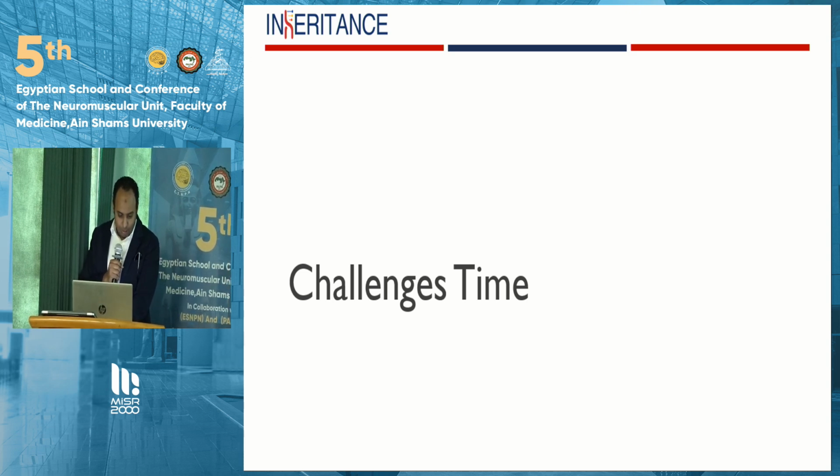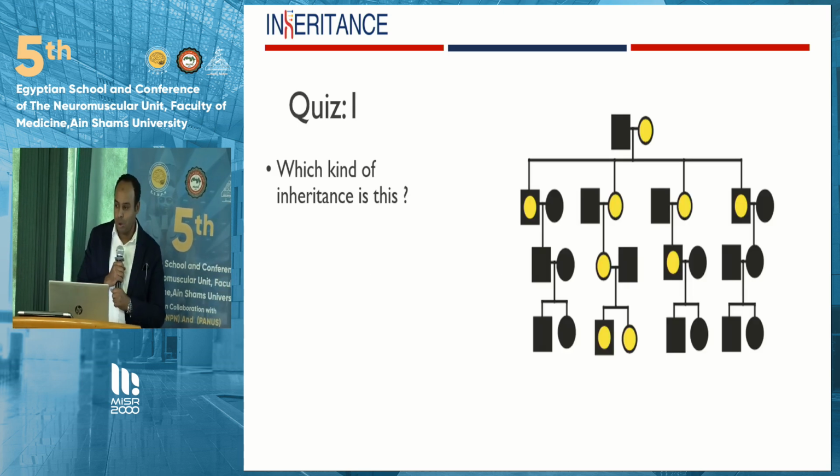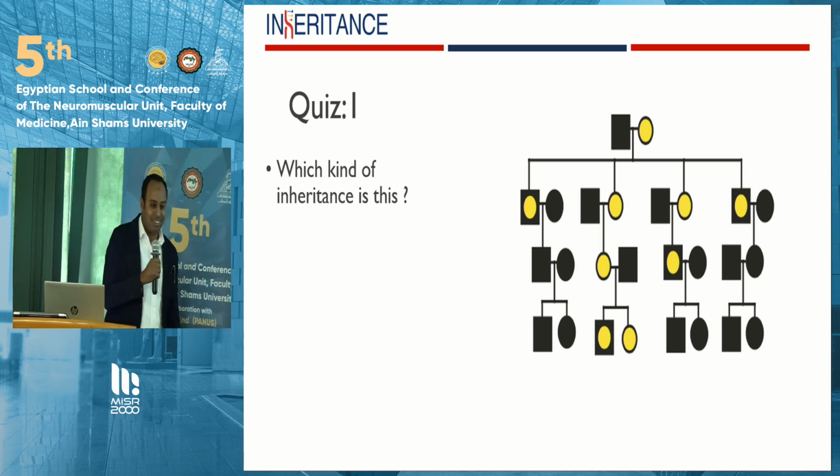And we come to our last part of the presentation. It's challenge time. It's a certain kind of questions if you want to share. So, which kind of inheritance is this? Dominant? No, it's not dominant.